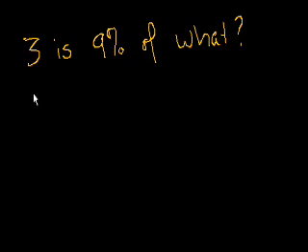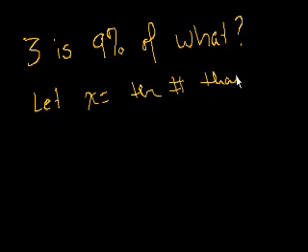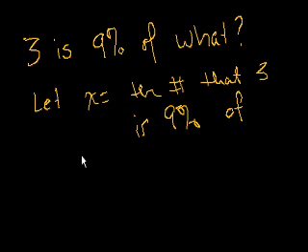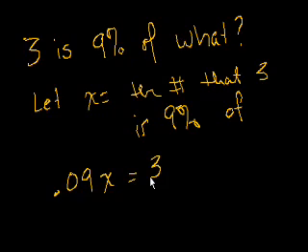So once again, let x equal the number that 3 is 9% of. You didn't have to write all that. Well, in that case, we know that 0.09x, that's the same thing as 9% of x, is equal to 3. Or that x is equal to 3 divided by 0.09.